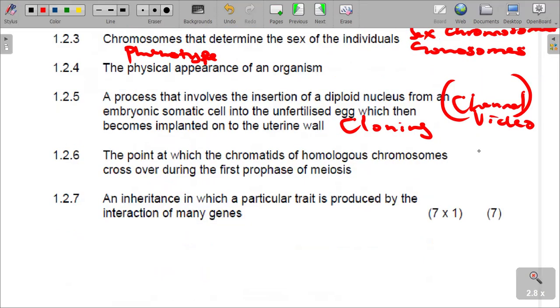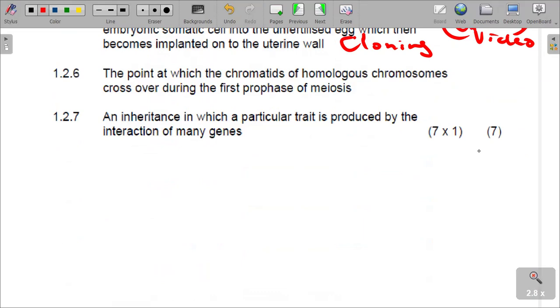How is it done? The point at which the chromatids of homologous chromosomes cross over during the first prophase of meiosis, we call that what? The point of intersection. It is called chiasma. And then an inheritance in which a particular trait is produced by the interaction of many genes.